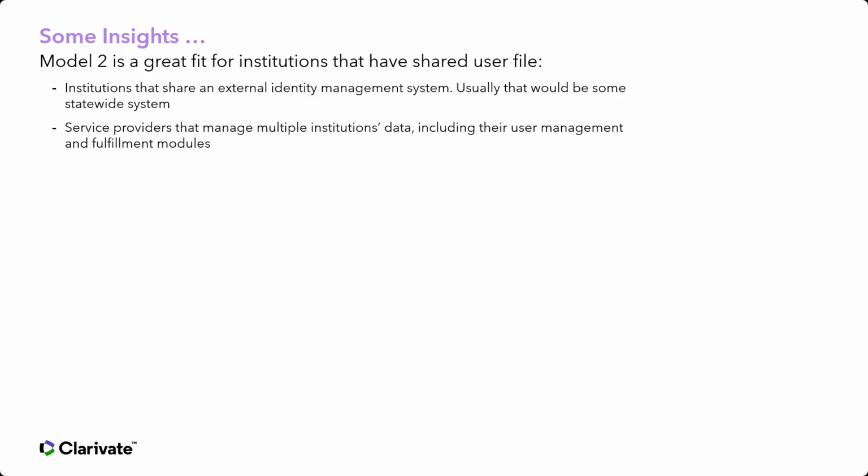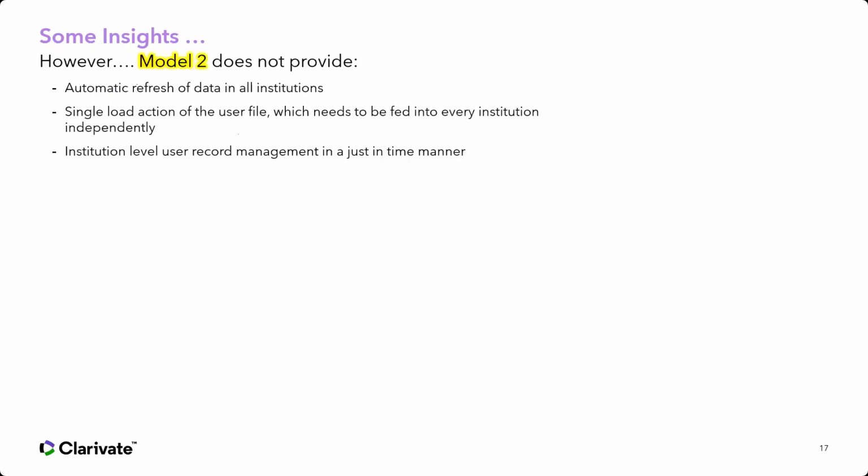Model two would be where you have this consortial ID. So there's some sense of central management here. There is probably some shared users repository that is the source of both accounts, and that's why it has a unique ID. And you can upload those accounts into the different institutions. However, in the case of Model 2, you're actually uploading accounts a number of times, both institution A and institution B. So there are two SIS feeds that need to happen, and you need to routinely update both institutions, and there's no automatic refresh.